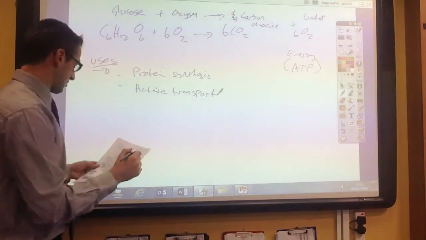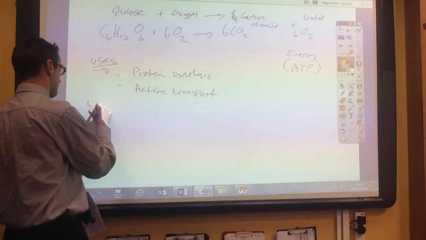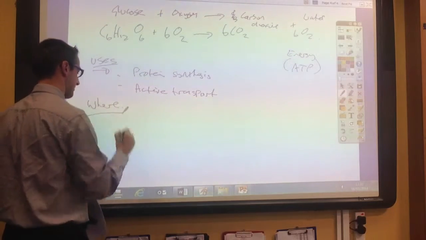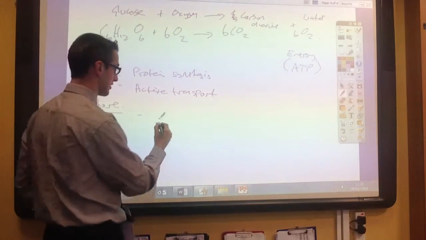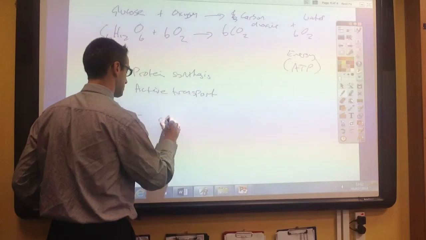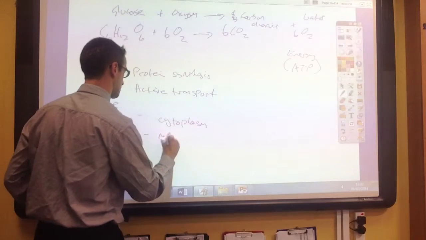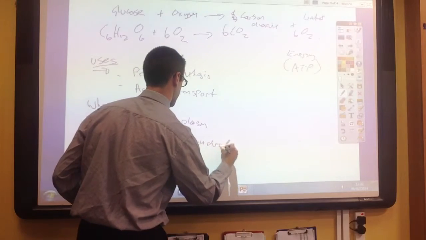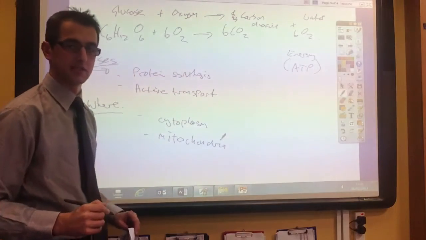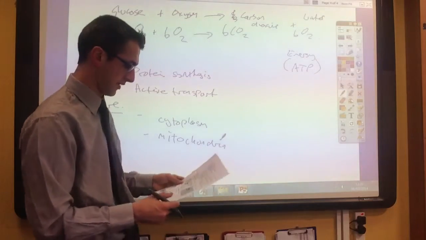We're going to have a look in more detail at where aerobic respiration takes place. And you should hopefully know that respiration takes place in 2 stages. Firstly, in the cytoplasm of the cell, but also predominantly in the mitochondria of the cell, often known as the power stations of the cell because they're providing the energy for the cell to be able to do their work.